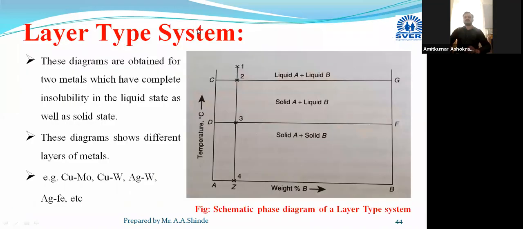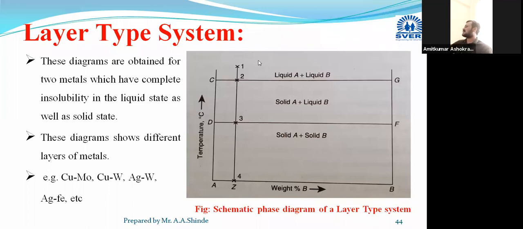And the next equilibrium diagram is the layer type equilibrium system. This is the second type of equilibrium diagram, the layer type equilibrium diagram.